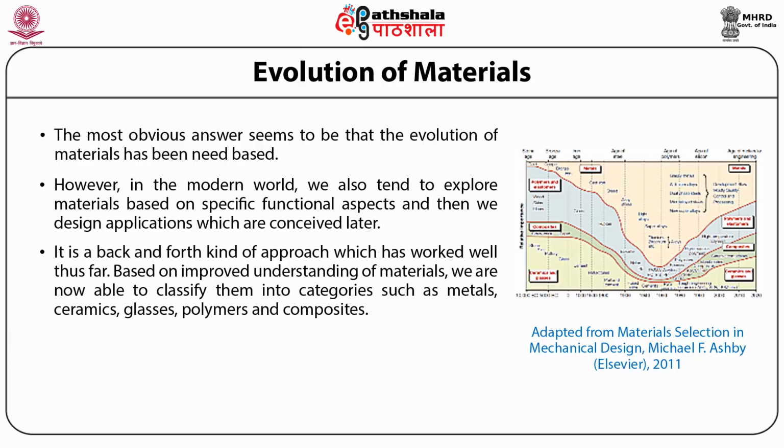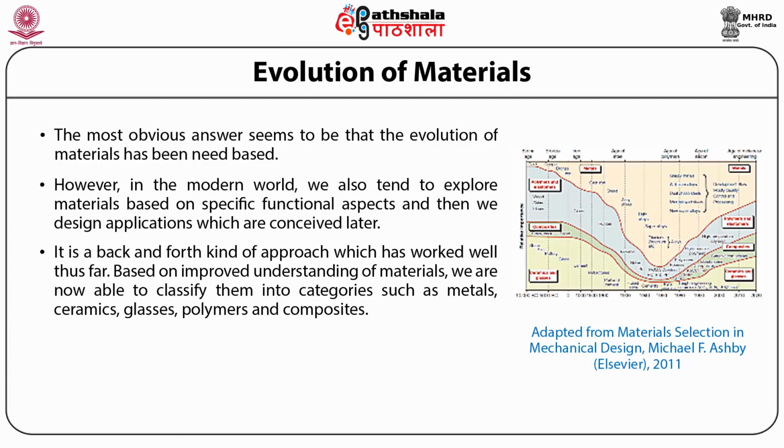Based on improved understanding of materials, we are now able to classify them into categories such as metals, ceramics, glasses, polymers, and composites. The figure below aptly summarizes the evolution of materials in a different scheme of classification, that is, by their characteristics, in the forms of metals, ceramics, polymers, etc., versus their importance.